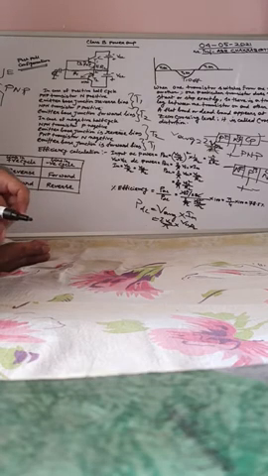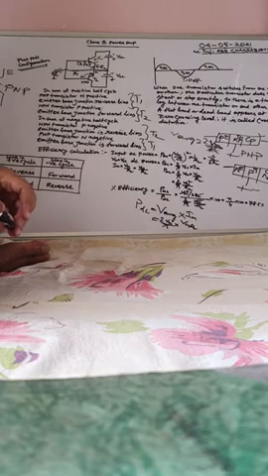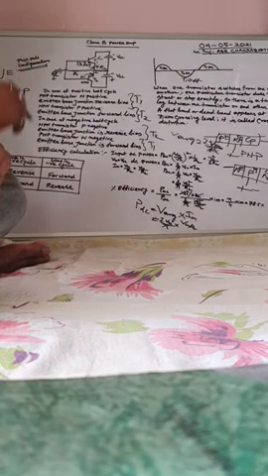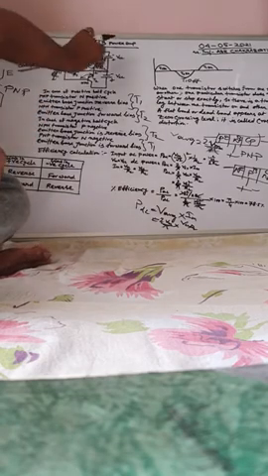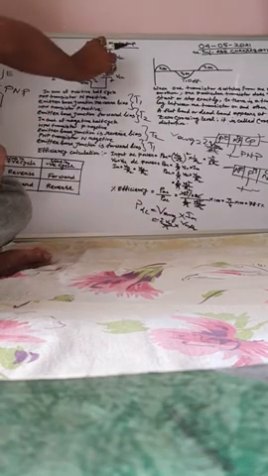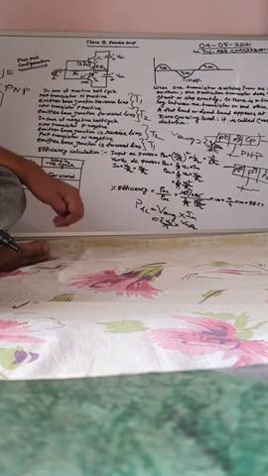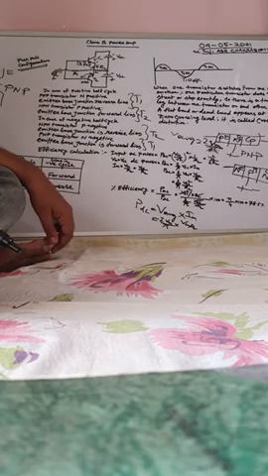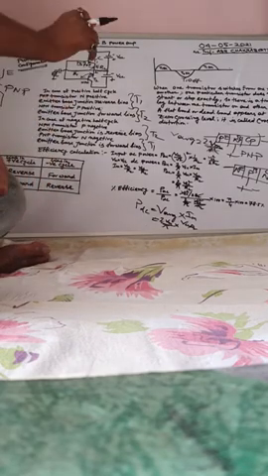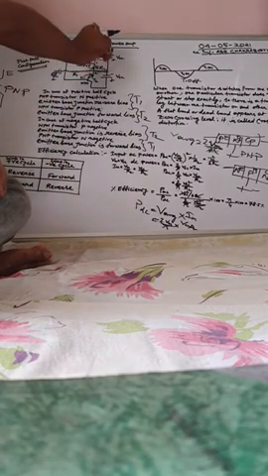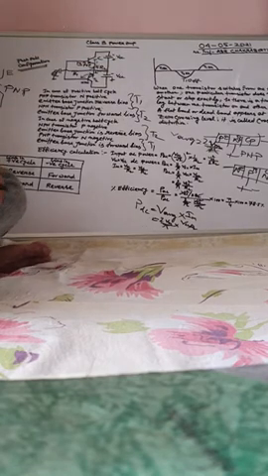How can it be eliminated? We can use a class AB amplifier, or we can use a class C amplifier, to eliminate crossover distortion. In the class AB amplifier, we can apply an additional shunt resistance at the load terminal.